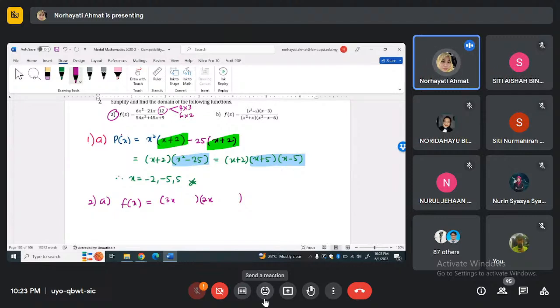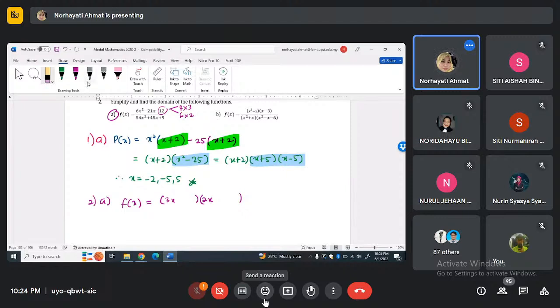Okay, so kita ada, if we put 4 here and 3 here. Okay, 6x square, 9x, 8x. So 9 and 8 is 17. Tak boleh. Okay, so kita remove.